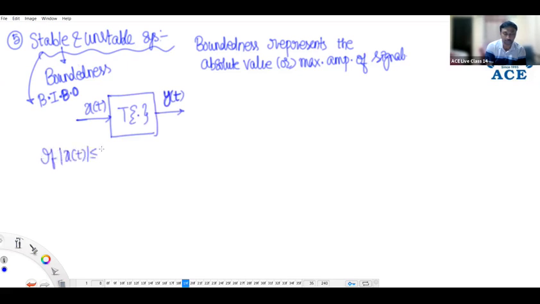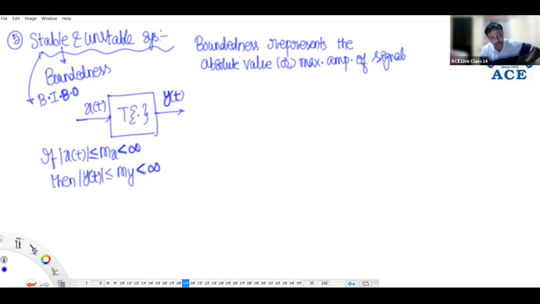If the absolute value of the input is bounded by a finite number Mx less than infinity, meaning the maximum amplitude of input is a number like 2, 5, 10, 100, any number you take, it must be less than infinity, then if the magnitude of output is also finite, the system is stable, otherwise it is unstable. Apply an input signal that maintains a finite amplitude level. If the output also maintains a finite amplitude level, the system is stable.